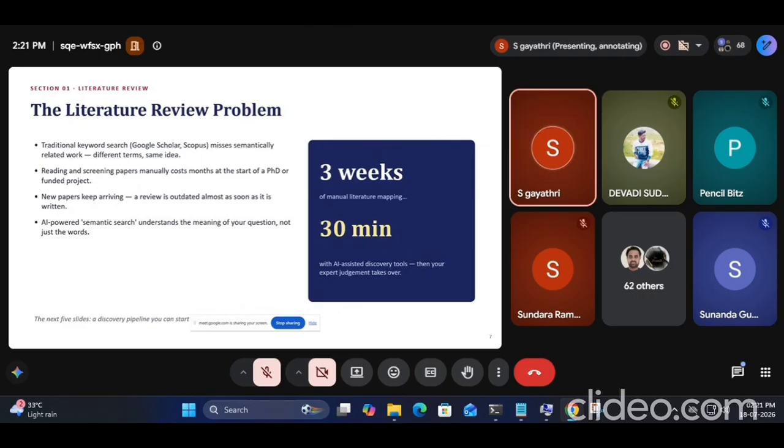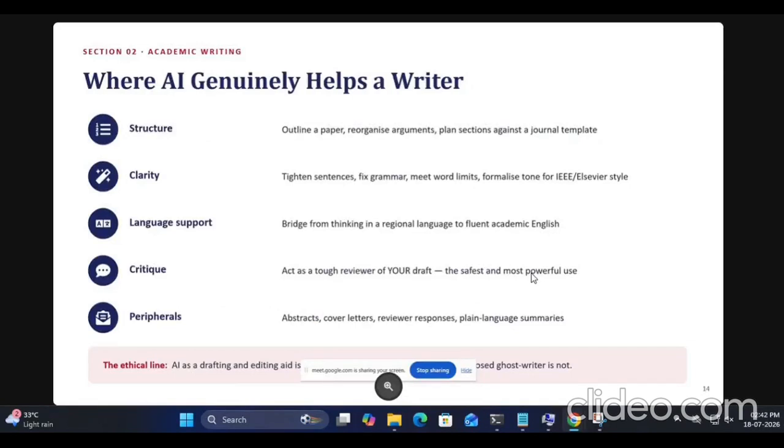Add to that the month of manual reading at the start of every PhD, and ideas in fluent academic English. It will really help you in translating your ideas. You must be very well versed in your own language, so you can put your idea in your language to this AI, and it will completely convert your idea to fluent academic English, and there is no shame whatsoever in using it for that.